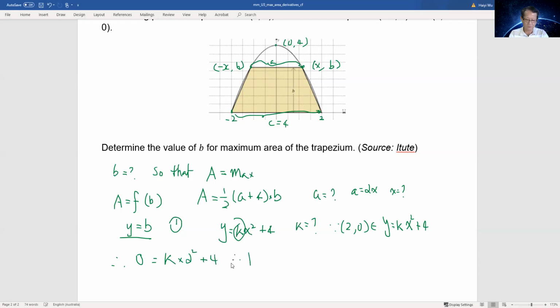So we substitute: 0 equals k times 2 squared plus 4. Therefore k equals negative 1, and my parabola is y equals negative x squared plus 4.